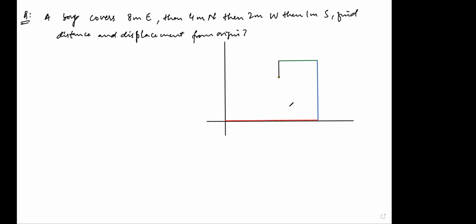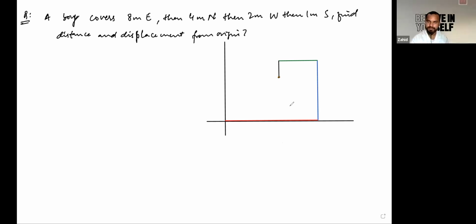Now, how to calculate displacement? Just draw a line from the starting point to its final point. So this will be your shortest path. Draw a perpendicular from this. Here we have 8 meters from this point to this point, and here we have 2 meters.